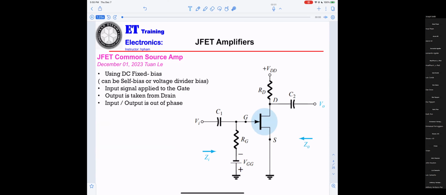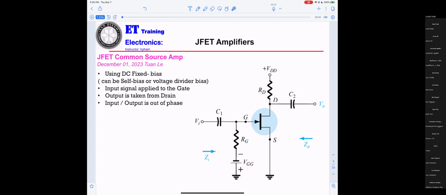This is what type of bias they are using. You get the negative voltage here. So they can use fixed bias to build a common source amplifier. They can also use self bias to build a common source, or voltage divider bias. That doesn't matter. However, in this circuitry, they're using fixed bias.